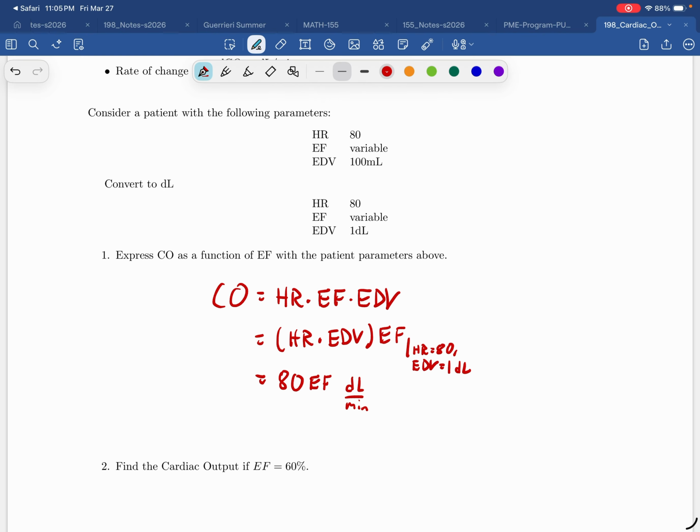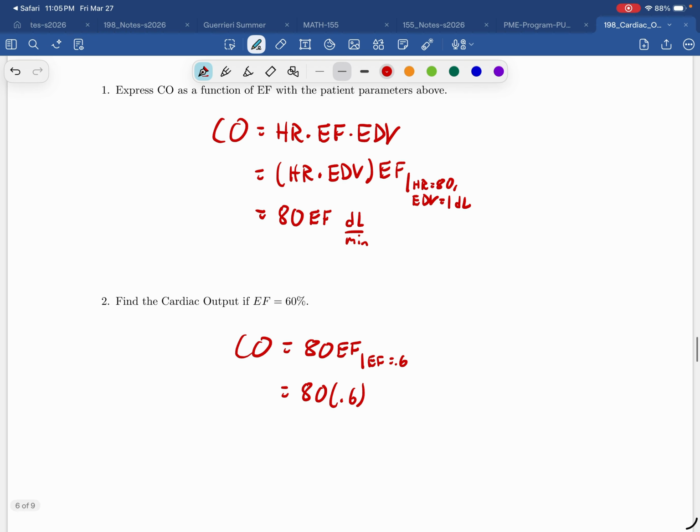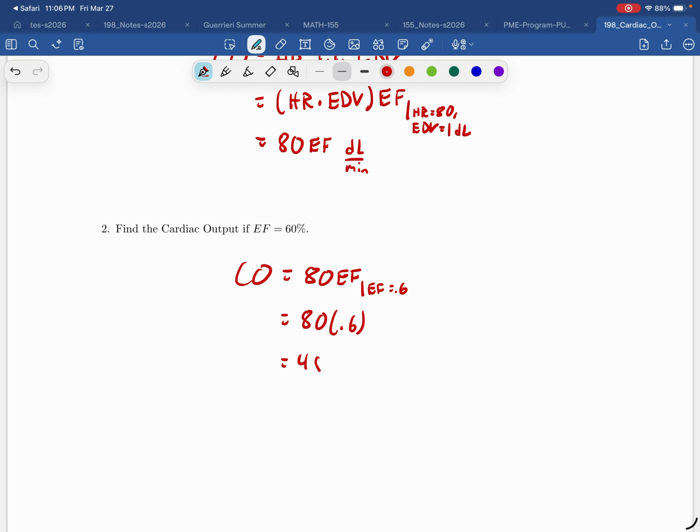So to find cardiac output if EF equals 60%, which is really just 0.6, cardiac output is 80 EF, so we get 80 times 0.6, which is 48. And 48 what? Deciliters per minute.